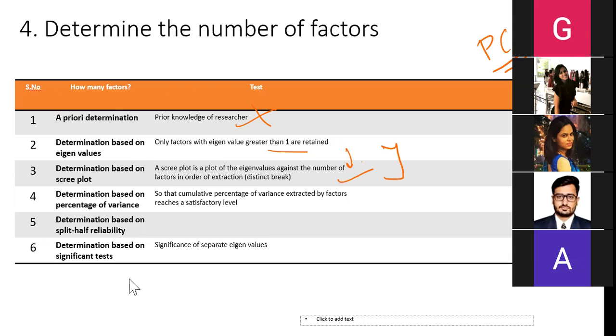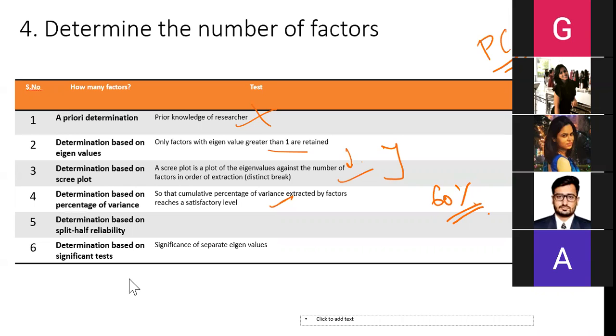You retain only those factors. Then there is something called percentage of variance. How much variance these factors are able to explain. So we go by, 60% is decent variance. If they are explaining 60% of the variance, then those many factors are good to go. Remember, we have to do data summarization.